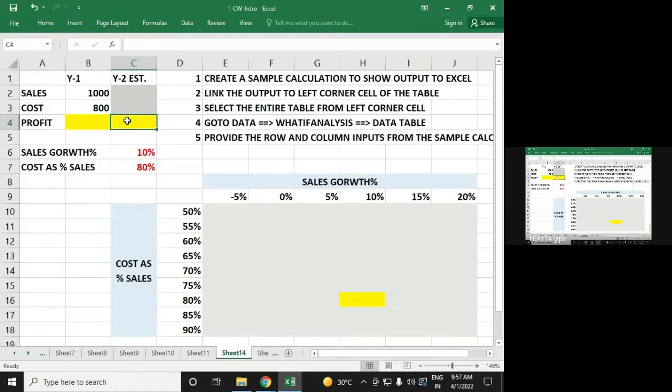Use referencing. Okay, remember last time we have done cell referencing. Make use of referencing, make an attempt, tell me the profit for year 2. Yeah, take your time, there is no hurry.